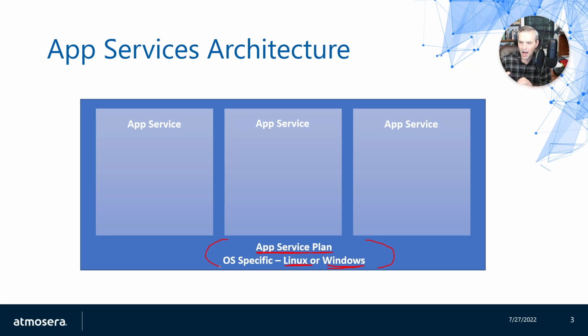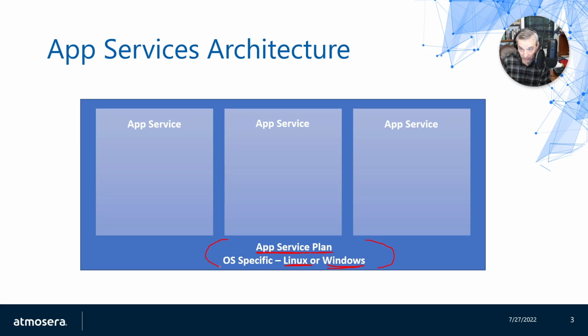I think that's a tier. No, it's 32 gigs of RAM. Sorry, we'll look at that in a minute. If I can run 10 apps in that, or I can run a single app in that, basically I can slot in as many apps as I can into that app service plan, regardless of the app service plan's capacity. It will try to run every single one of those app services.